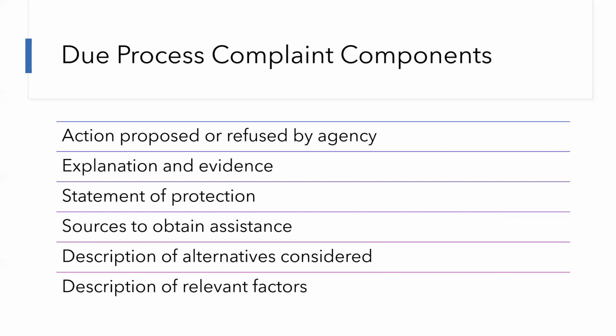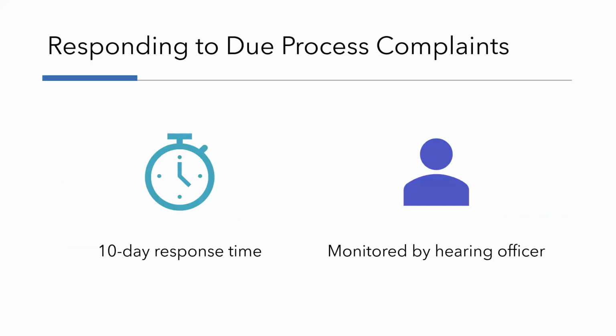They should have them readily available. The more you know and understand as a parent, the better you can advocate for your child. Due process complaints need to include a description of other options considered and why the IEP team deemed them not to be appropriate, and they should explain any other factors relevant to the agency's proposal or refusal.